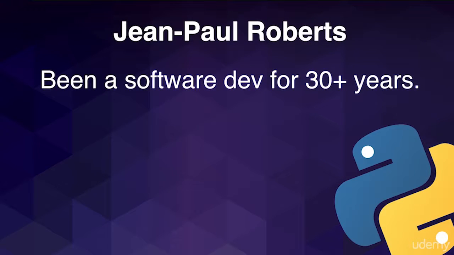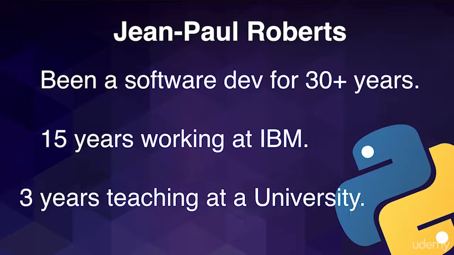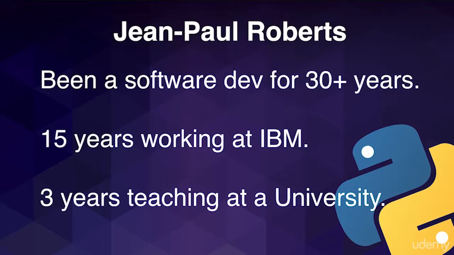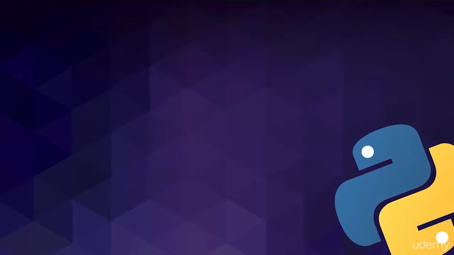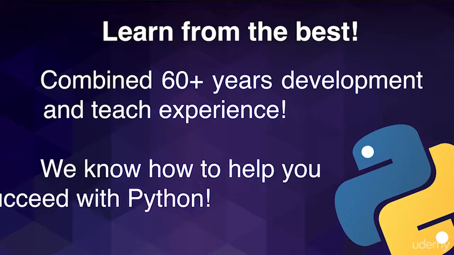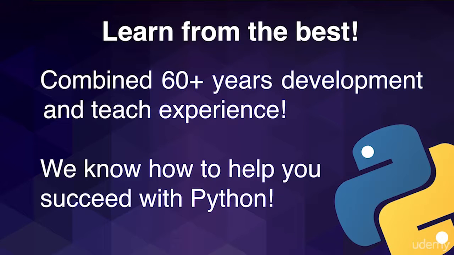He's been a software developer for over 30 years. 15 years of that he worked at IBM, and in addition, 3 years teaching at a university. So in this course, you learn from the best. We've got a combined 60 plus years of software development and teaching experience, and we know how to help you succeed with Python.